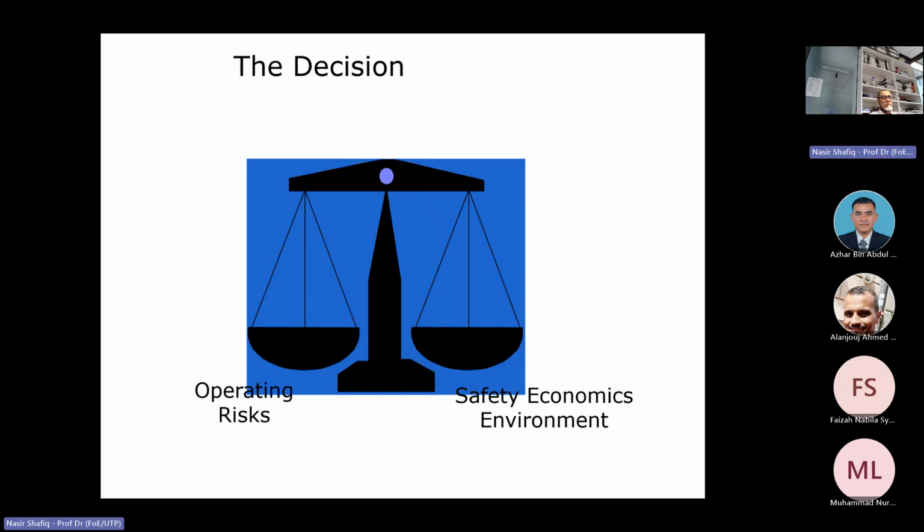So the decision involves operating risk and safety, economy, and environment. You have to make a balance between the two, right? Again, how much risk can you take? This balance indicates that you can take the risk without jeopardizing the targets of safety, environment, and economics.